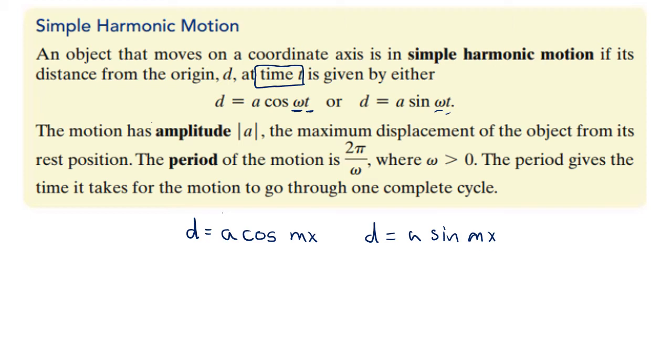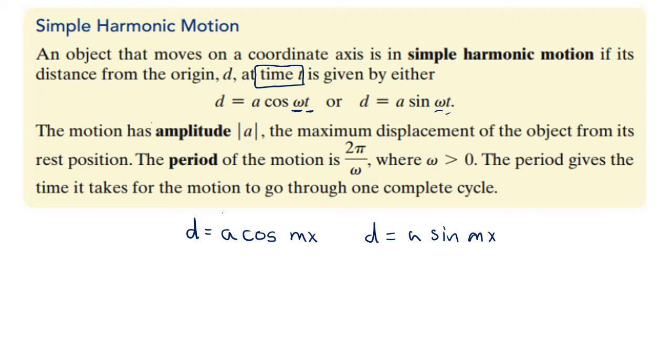The motion has amplitude, the absolute value of a, the maximum displacement of the object from its resting position. So once again, in this section, it's starting to call amplitude in many ways the maximum displacement from the resting position, so the x-axis. The period of the motion is 2 pi over w, where w is greater than 0.